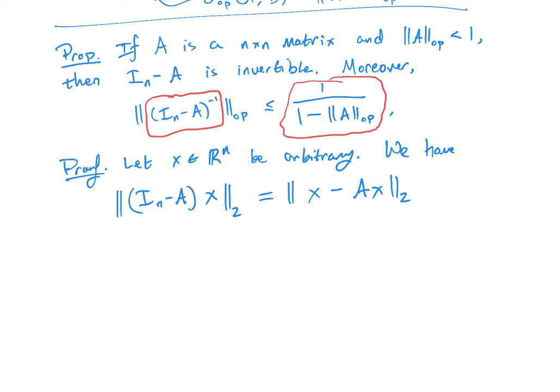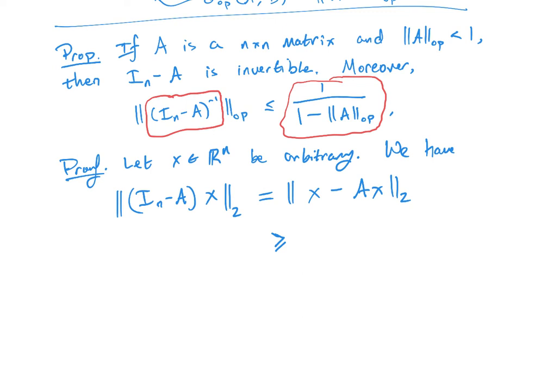Remember this is just the 2 norm on vectors here. The 2 norm on vectors satisfies the triangle inequality. So we want the lower bound version of the triangle inequality. Here we've got one vector, x, minus another vector, ax.